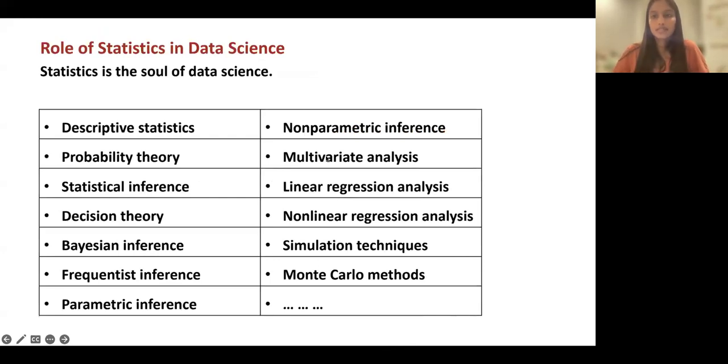Now when you come to statistics, that is the soul of data sciences. There are different subjects contributing to the understanding of data science: descriptive statistics, probability theories, statistical inference, decision theory, Bayesian inference, frequentist inference, parametric inference, non-parametric inference, multivariate analysis, regression, simulation, Monte Carlo method, and so on.